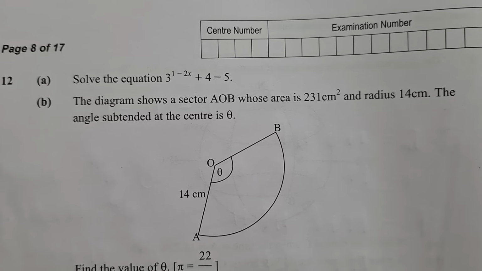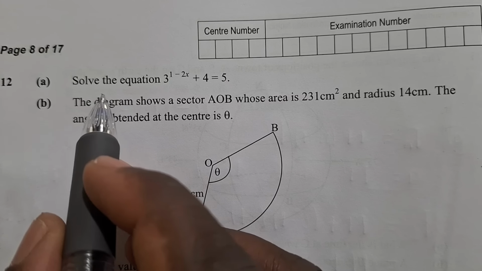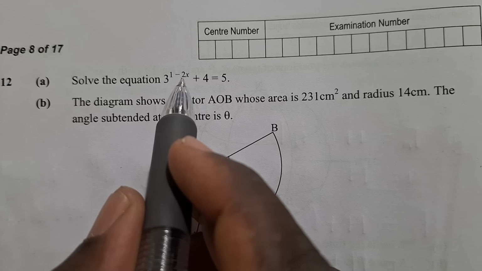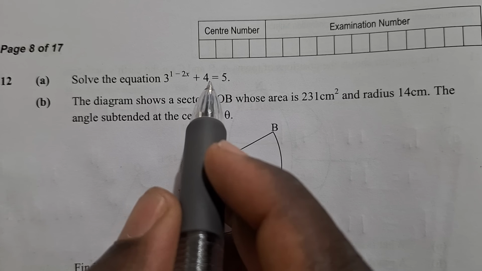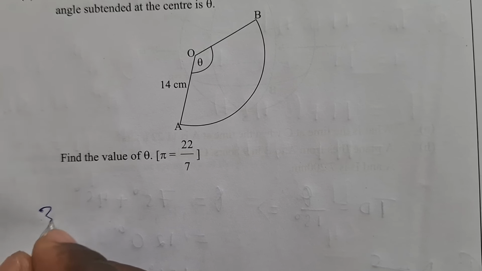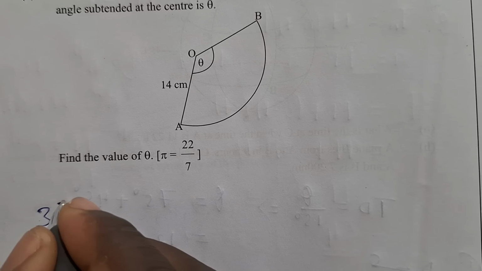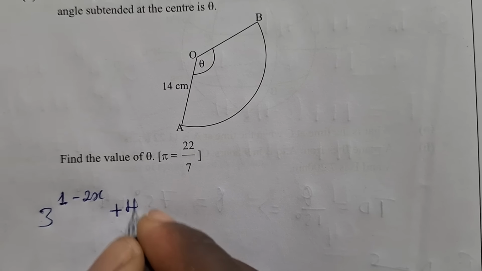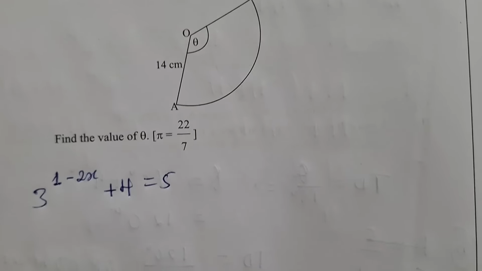So for question 12, they are saying solve the equation 3 to the power 1 minus 2x plus 4 is equal to 5. So let me copy the equation here. 3 power 1 minus 2x plus 4 is equal to 5.